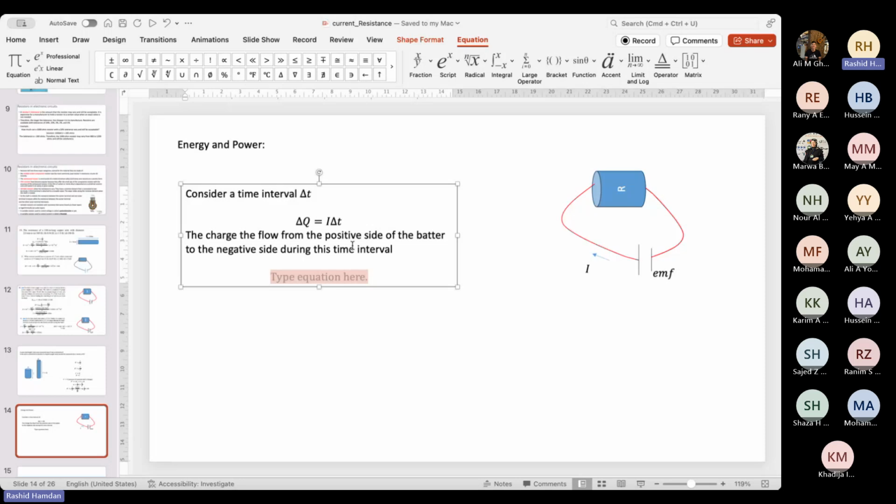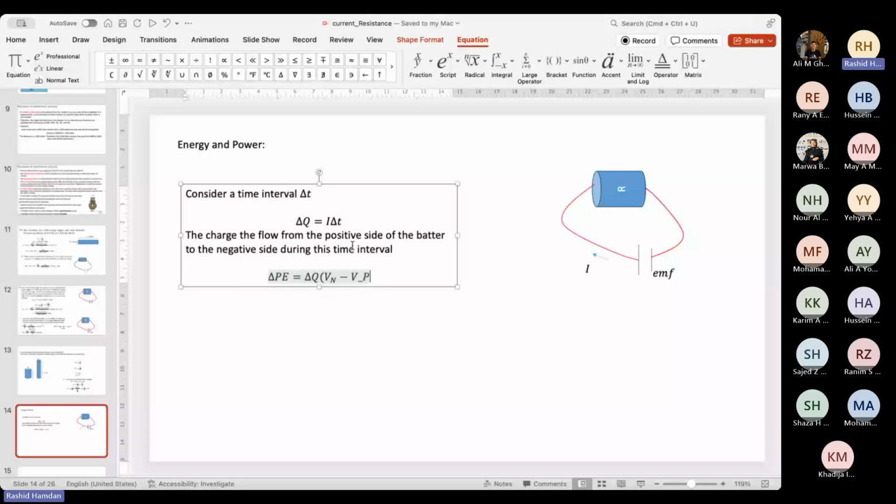So delta PE for the battery is equal to Q, delta Q, times delta V, so it's V final minus V initial.